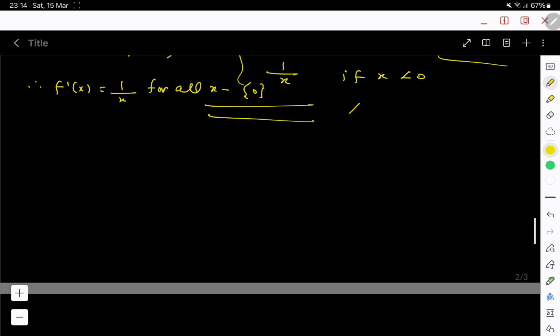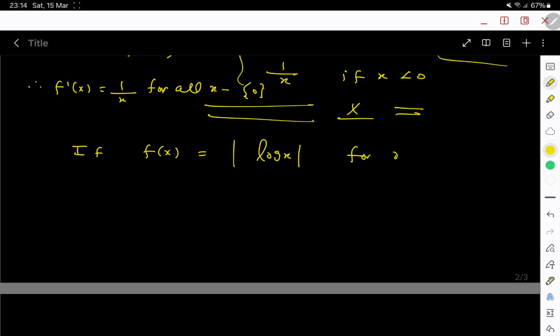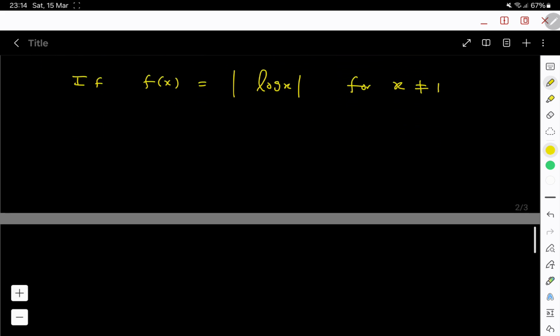So next one: if f of x equal to mod of log x for x not equal to 1, find f dash of x.